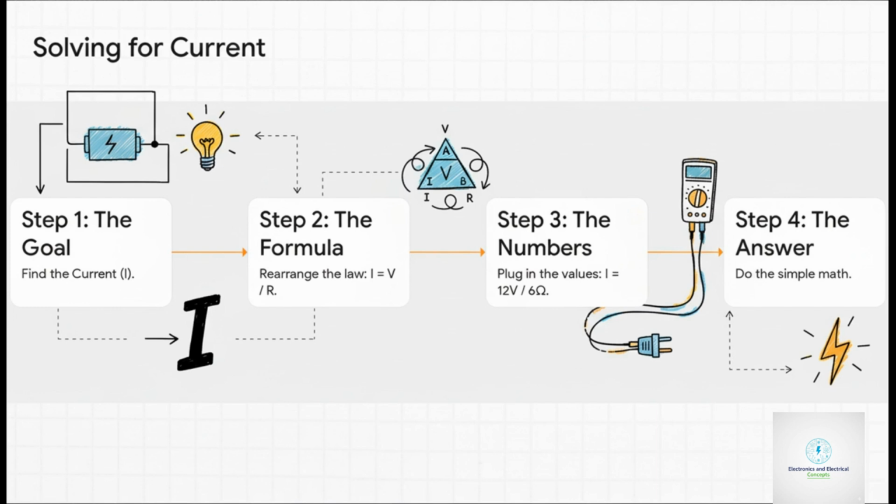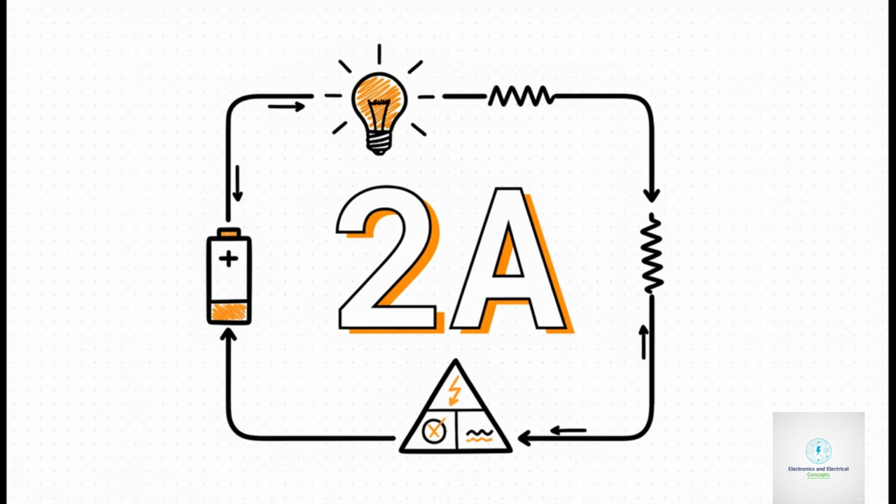Our goal is to find the current, the letter I. To do that, we just have to rearrange the formula a little bit, so it becomes I = V / R. Now we just plug in the numbers we know. That's 12 volts divided by 6 ohms. And what do we get? The answer is 2 amps. Boom! Just like that. We used the two things we knew to figure out the one thing we didn't. That right there is the power of Ohm's law.